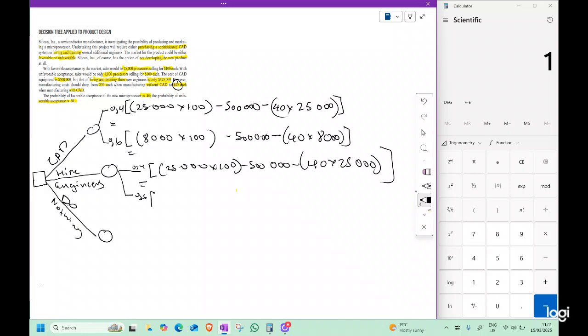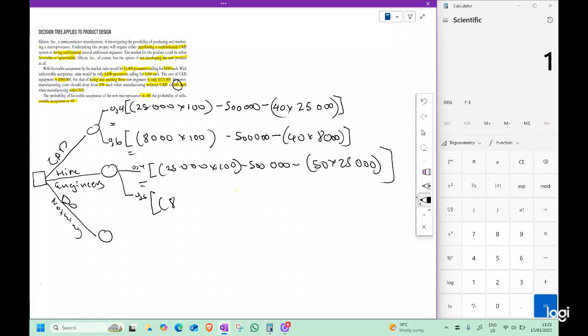Then here it's your 8,000. So hiring the manufacturing cost here, it cannot be 40 again. It must be different. The manufacturing cost is 50 here. This is without CAD.